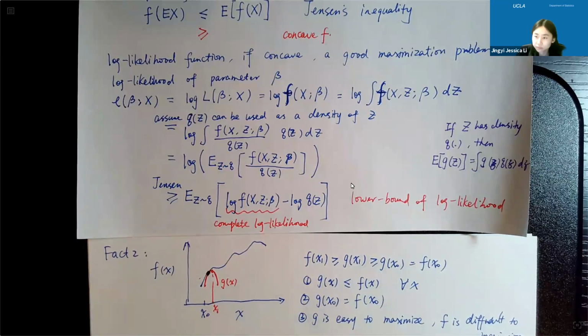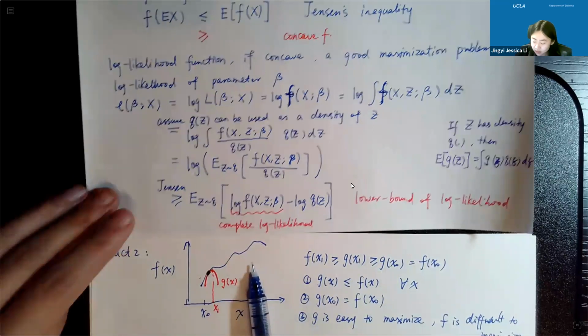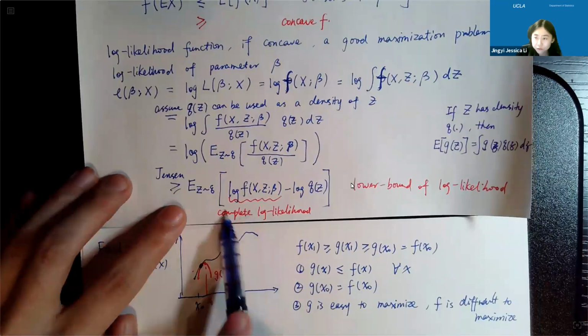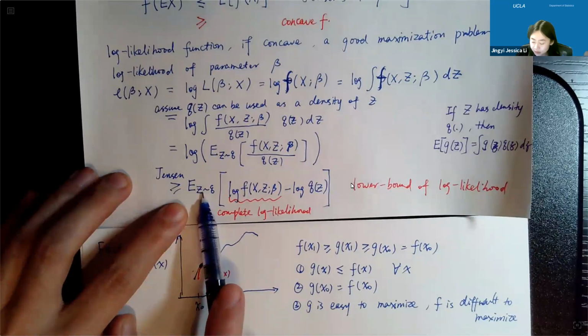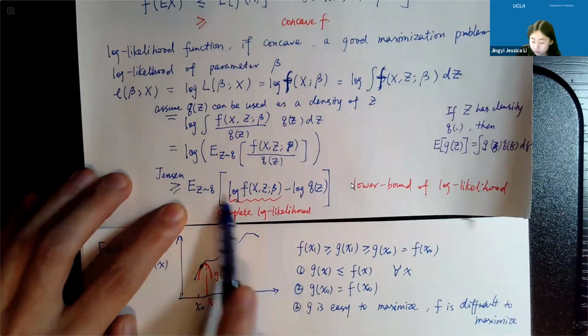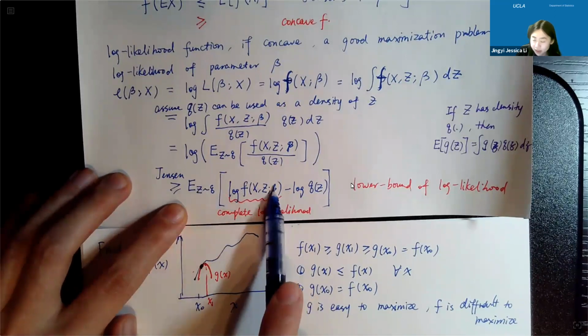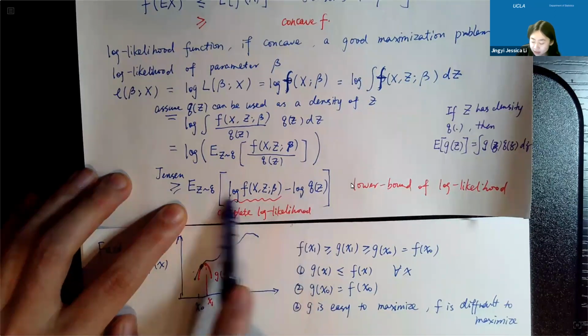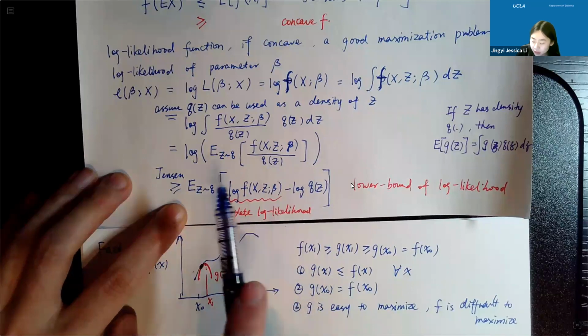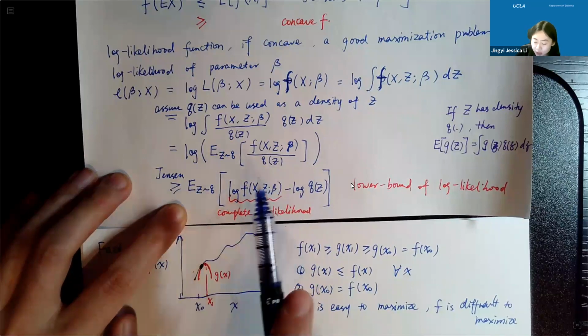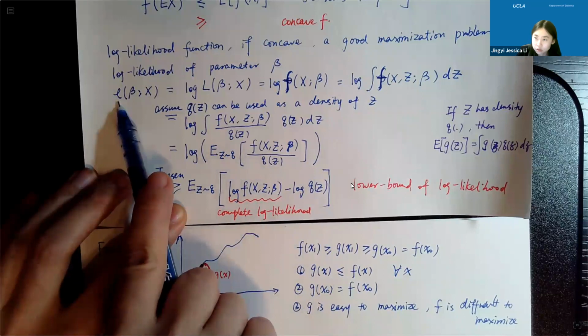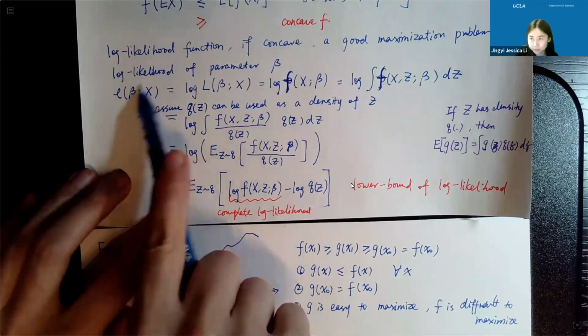That's the goal. So using this idea, now we are going to consider this lower bound that involves my complete log likelihood as my g. Don't forget here the argument is beta. We're going to find the beta value for maximizing the lower bound, in the hope that this can move up the log likelihood value for our updated beta value.